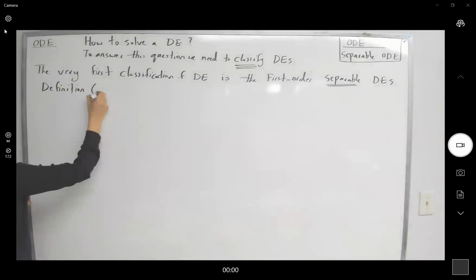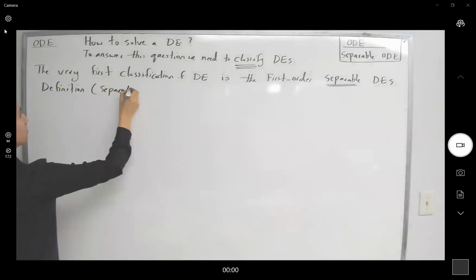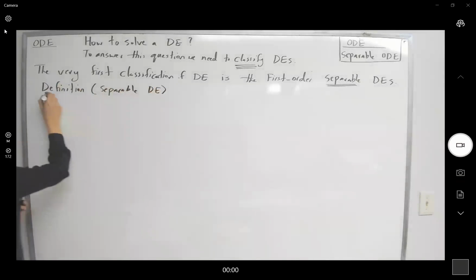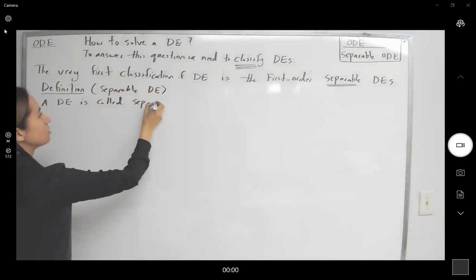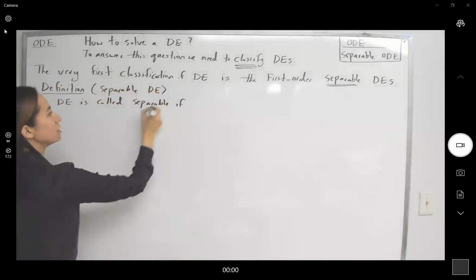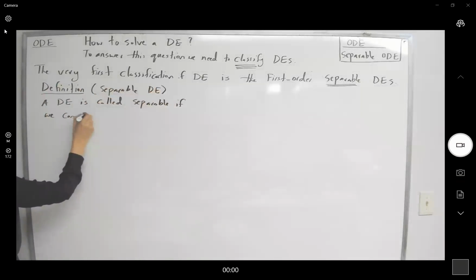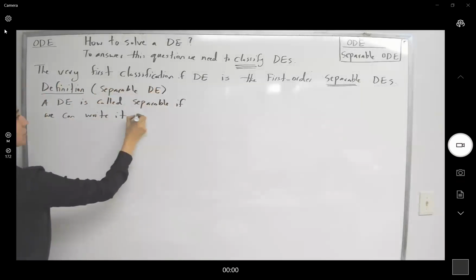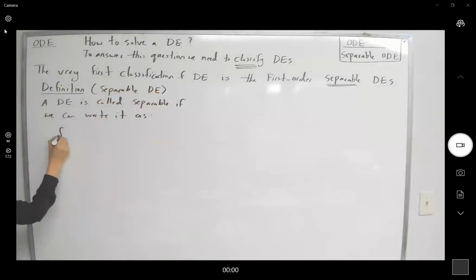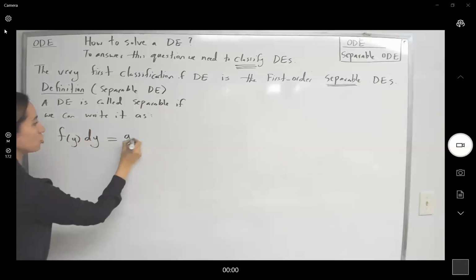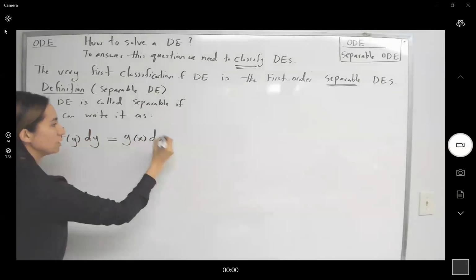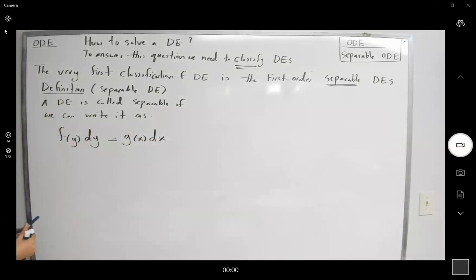Definition of a separable differential equation. A differential equation is called separable if we can write it as f of y dy equals g of x dx. Okay. So what do we have here?